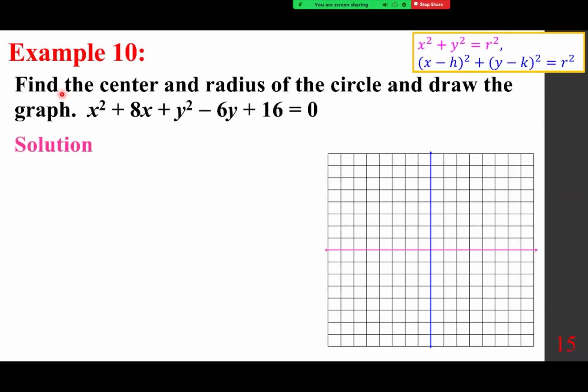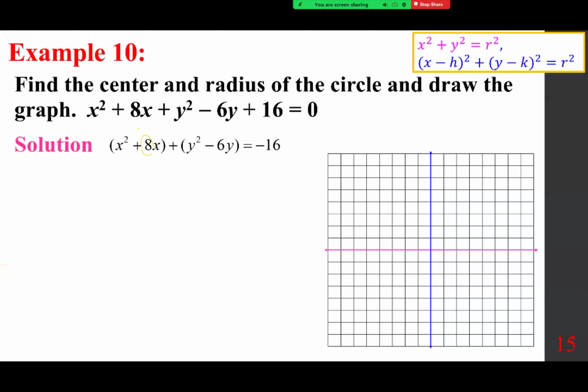Example 10. Find the center and radius of the circle and draw the graph: x squared plus 8x plus y squared minus 6y equals 60. You want to put this in standard form, which means you're going to put these two together, you're going to put these two together, and you're going to move the 60. Now, complete the square.